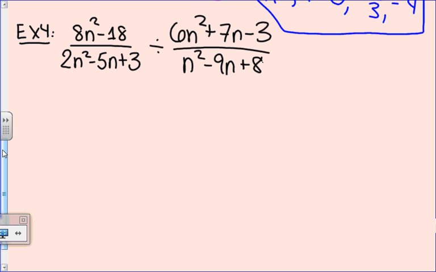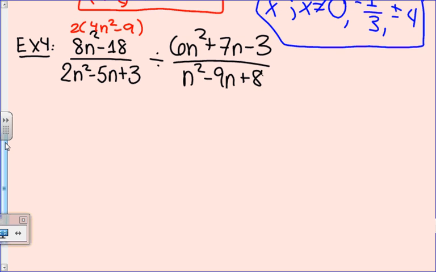I'm going to factor out a 2, leaving 4n squared minus 9 inside. 4n squared minus 9 is a difference of squares, conjugates. So it's 2n squared minus 3 squared. That's 2n plus 3 and 2n minus 3.